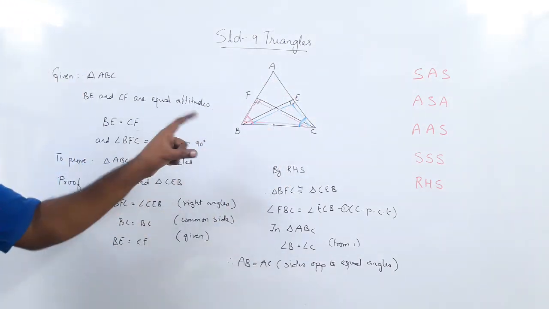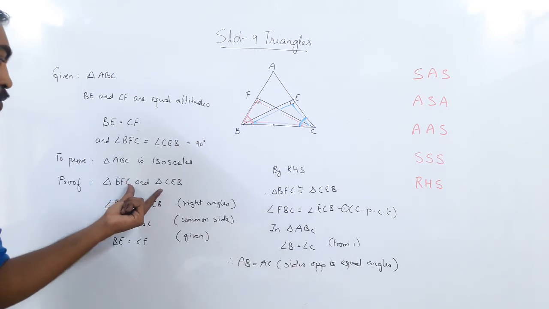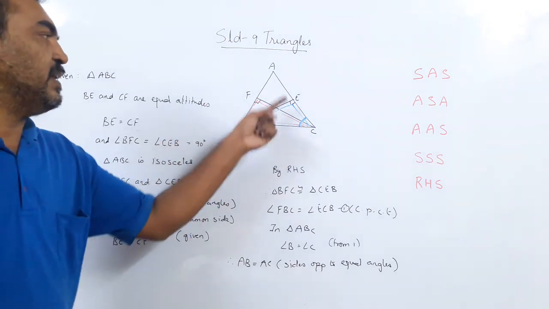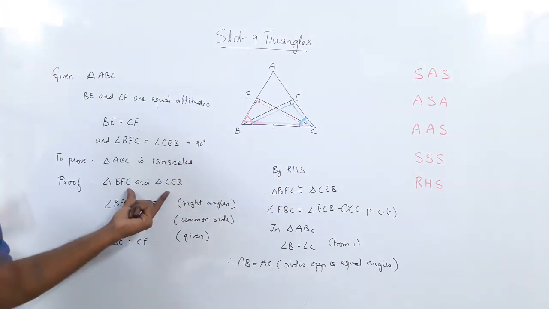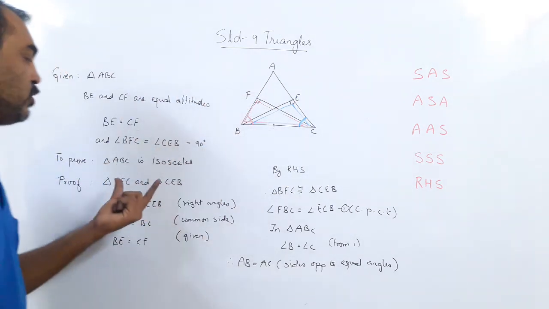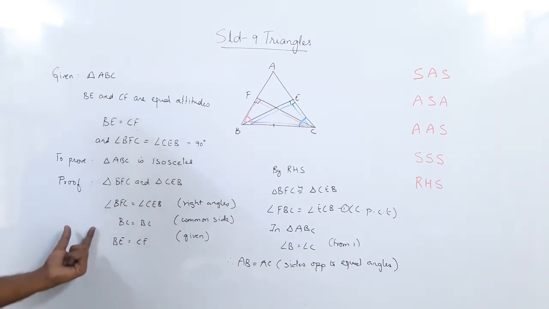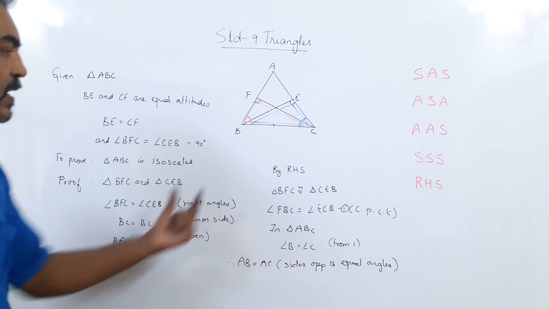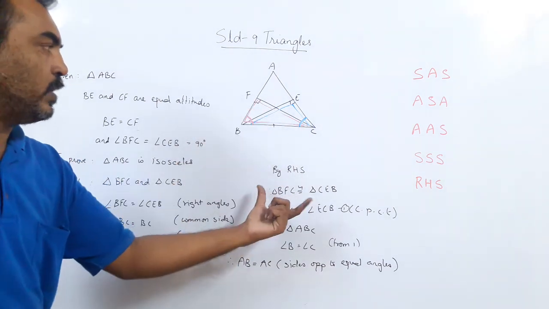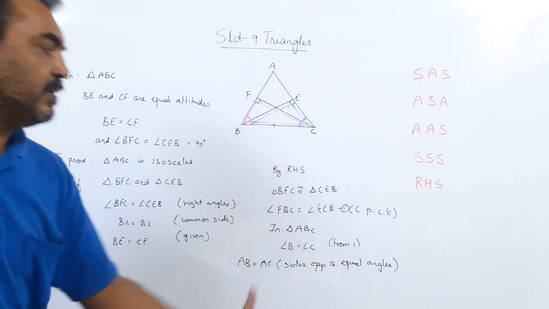There are many triangles in the picture. So first you will write down which 2 triangles you are choosing. So I have taken triangle BFC and CEB. Very important, first write down which 2 triangles you started with. Then you show the right angle, the hypotenuse and the side are common. Then by RHS you showed the triangles are congruent and their corresponding sides are equal.